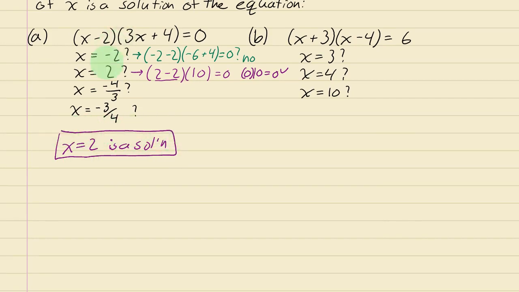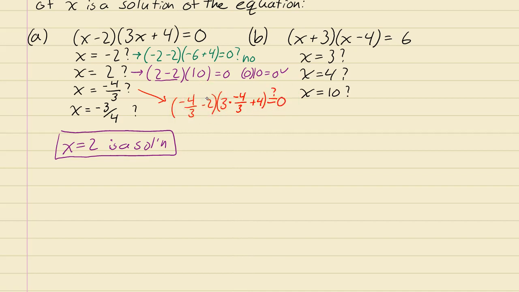So with x equals -4/3, I'll try this one over here, I guess. So that will give you -4/3 minus 2, which I don't even know what that is. It's going to be some weird fraction. And then we're going to do 3 times -4/3 here, plus 4. We want to know, is that equal to 0?